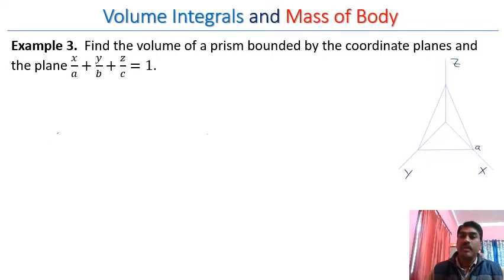So you can take C here, B here. So this is the plane, and as the coordinate points, this is A comma 0 comma 0. This is 0 comma 0 comma C, and this is 0 comma B comma 0. These are the points, and this is the plane.